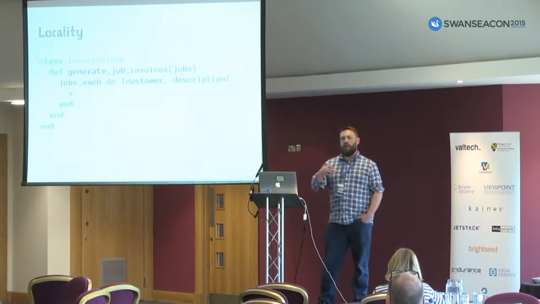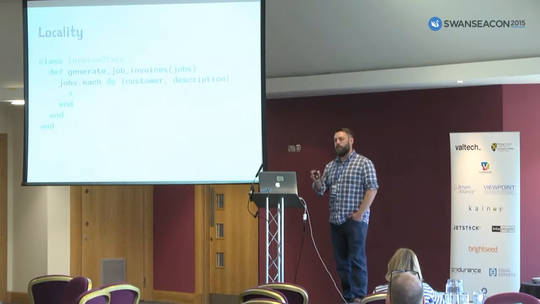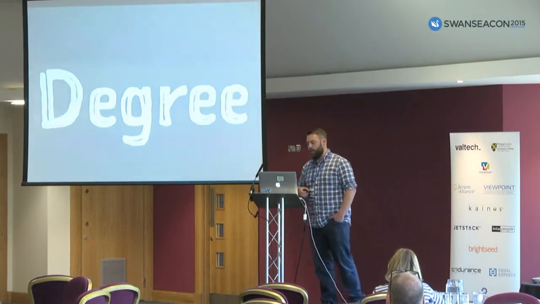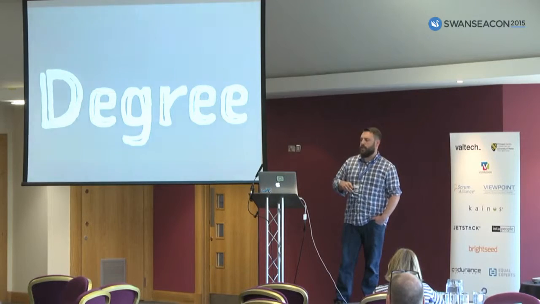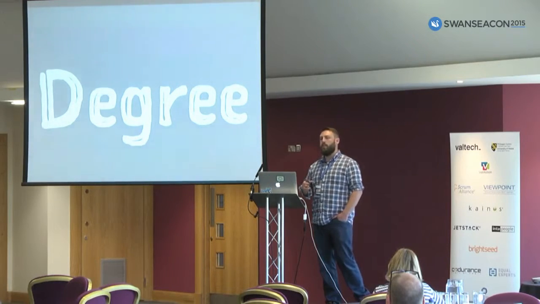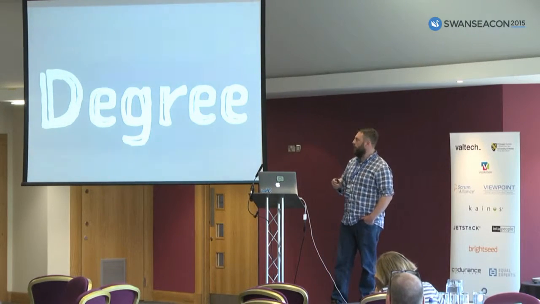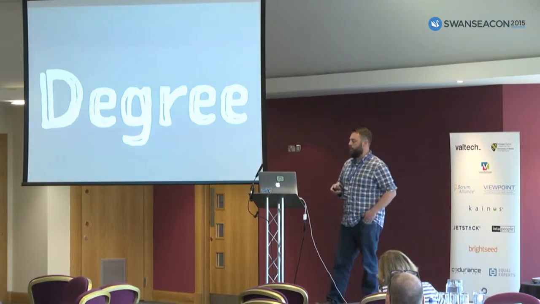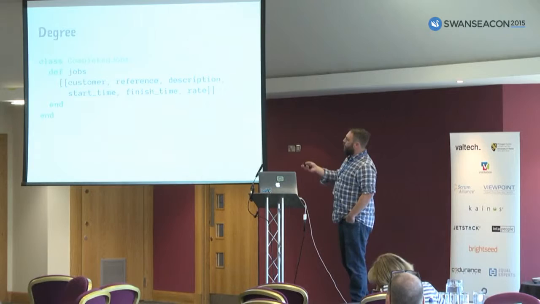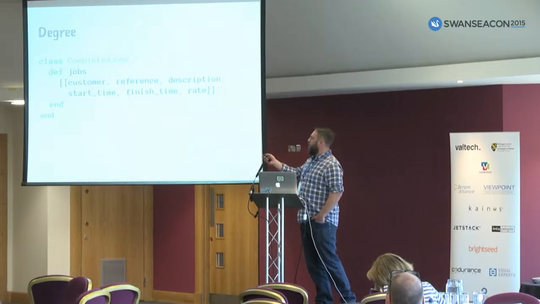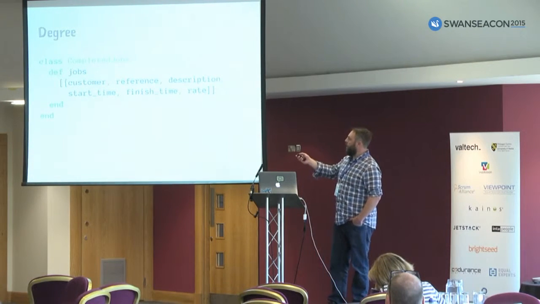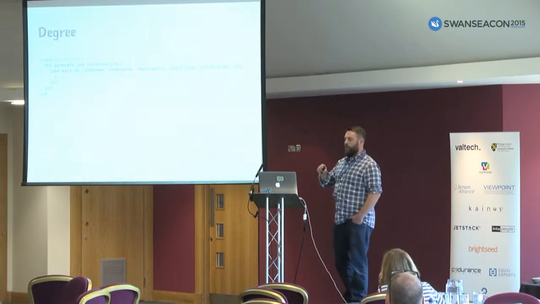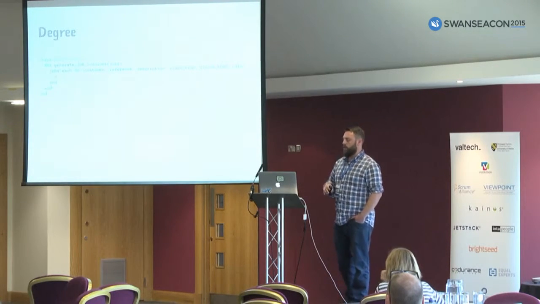But locality is not the only barometer that we can use to tell. There's also the degree of connascence. So how much connascence there is. If there's a lot of connascence and it's local or fairly local, or if there's a lot of connascence and it's a long way apart, we might want to do something about it. So if our completed jobs was returning a job represented by an array like this, then suddenly we're finding there's a big problem between these two pieces of code.